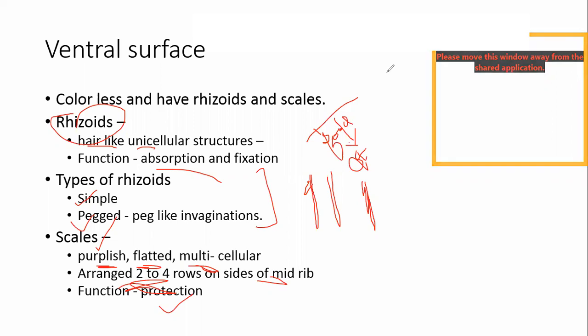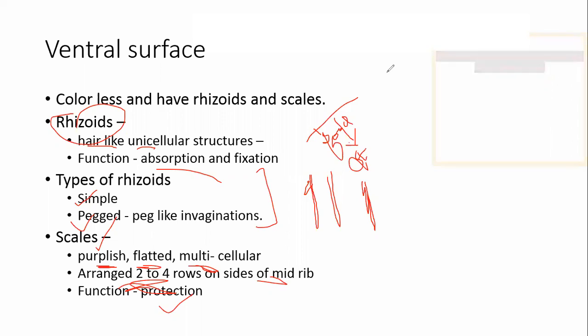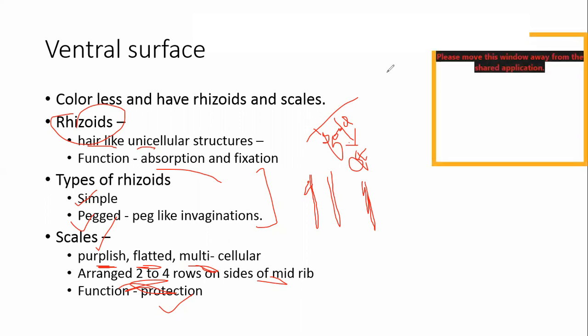On the ventral surface, they have hairy structures which help in anchorage and fixation. These are called rhizoids. They are not true roots, they are root-like structures called rhizoids. Rhizoids are of two types, simple rhizoids and pegged rhizoids. Along with the rhizoids, they have scales which provide protection.